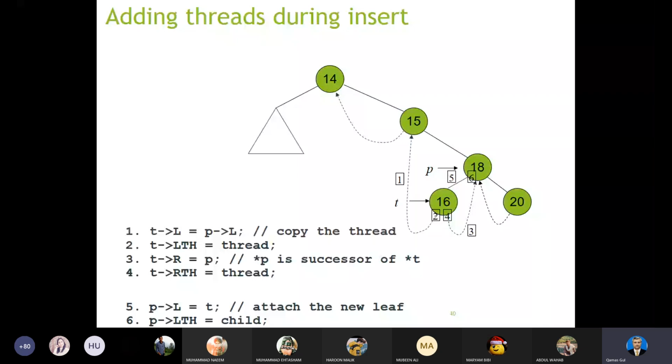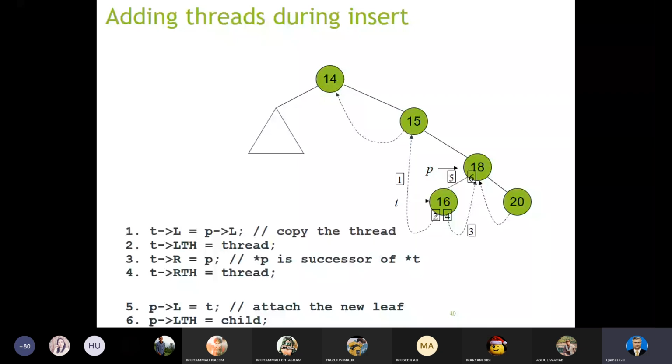देखें, अब स्टेप 6 में T जो है वो P के साथ कनेक्ट हो चुका है with an internal link because it is the child of the node 18. So this is how you will be adding threads or inserting new nodes into a threaded binary tree. These are the steps involved. These are the pointers to be readjusted. So I hope you have understood this.